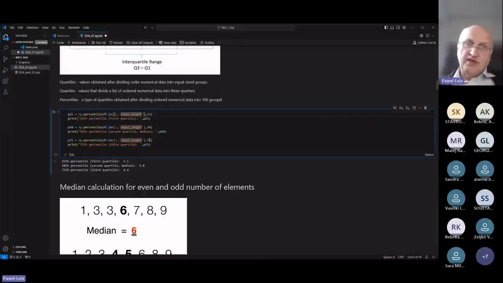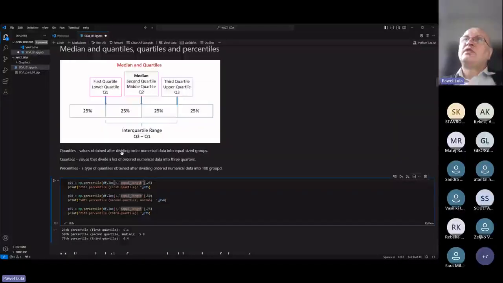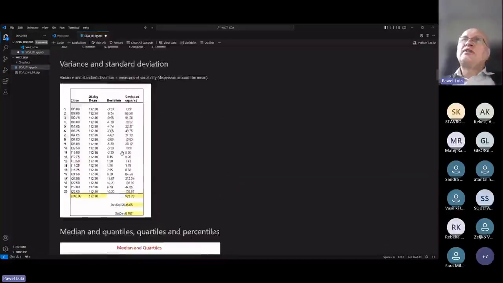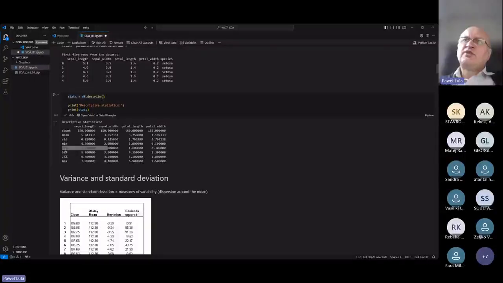Therefore, I put 75 here as the second parameter. These functions are very useful for describing quantiles, in this case, percentiles. So these measures were calculated here.